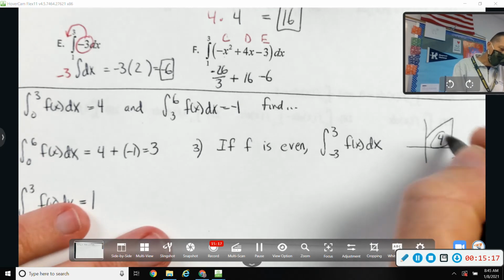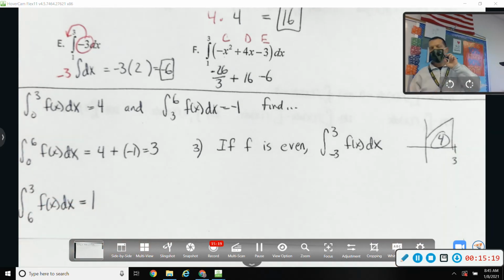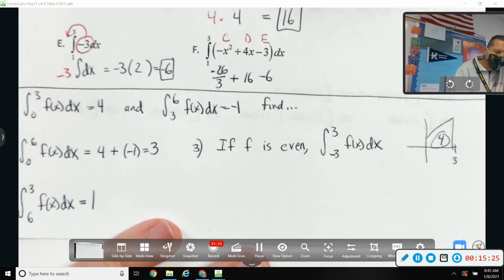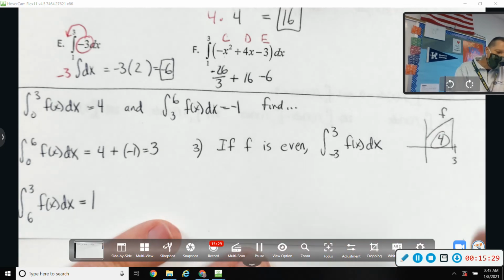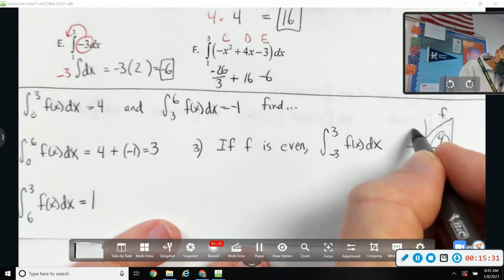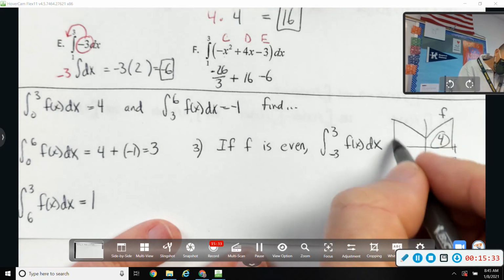A lot of times we'll label the area by writing it on the area and circling it. That's just a standard shortcut to say that area is 4. So if this was f and it's an even function, that means it does the same thing on the other side.